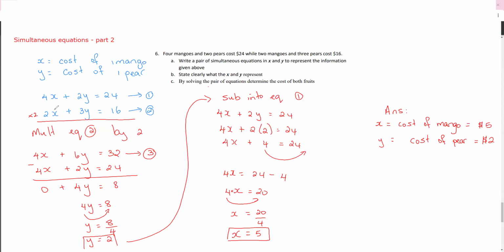So x is 5, y is 2. Substitute it and check it back into equation 2. 5 2s, that's 10. 3 2s are 6. So 10 plus 6 is 16. So once it works back, you know that you are correct. If it doesn't, it means you made an error, and you just have to check back your working.